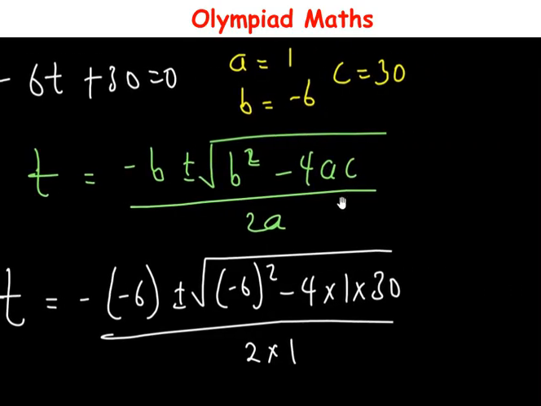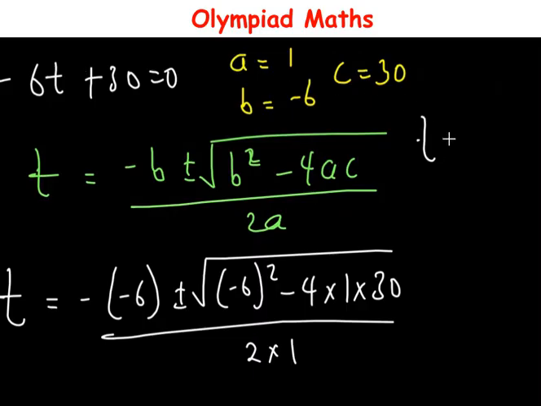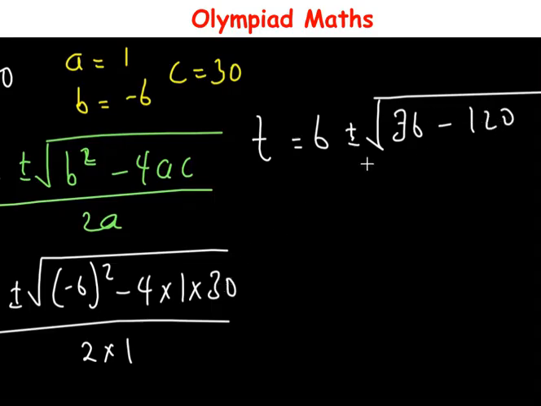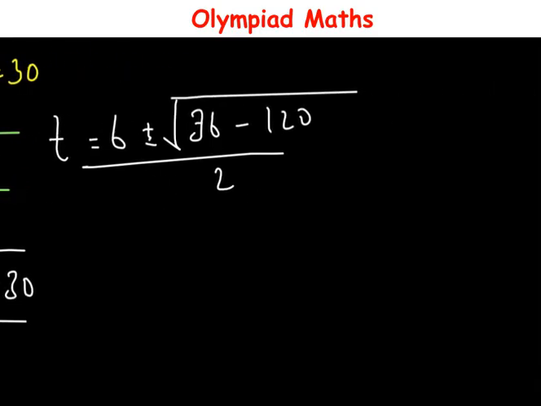So from here, the value of t is then equal to minus times minus 6 is plus 6 plus or minus, okay, square root of minus 6 squared is 36. Then minus 4 times 1 times 30 is minus 120, all over 2 times 1 is 2.